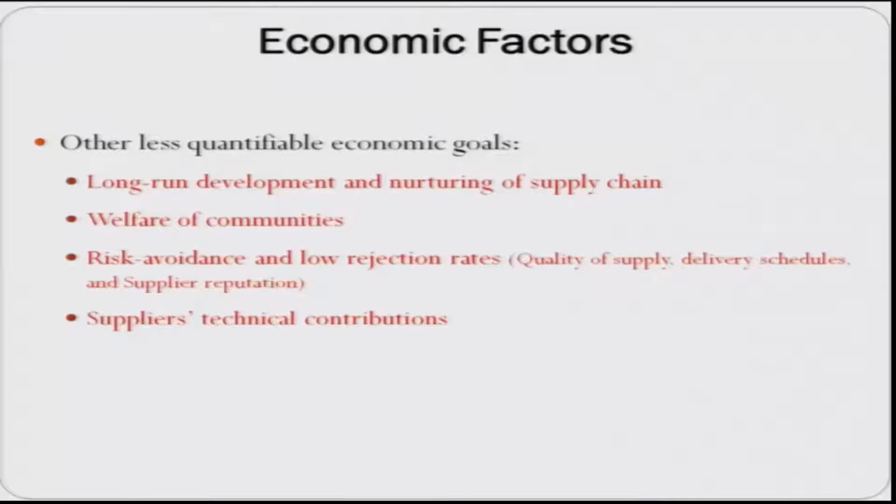And then you also have issues like risk avoidance and low rejection rate. As I talked about in the previous slide, you look into the overall cost, or the life cycle cost of the product. Suppose you purchase an equipment from a supplier at 75% of the cost of a reputed vendor.